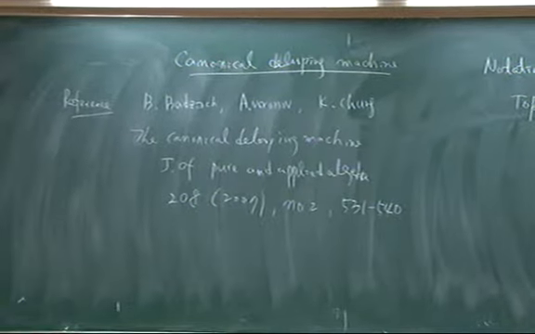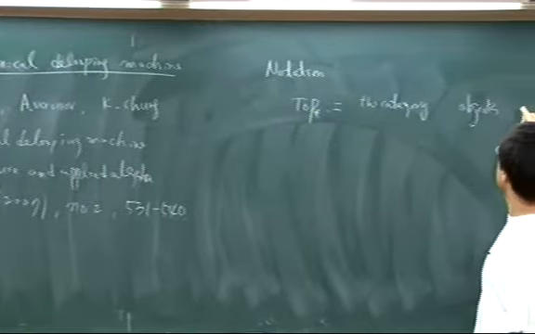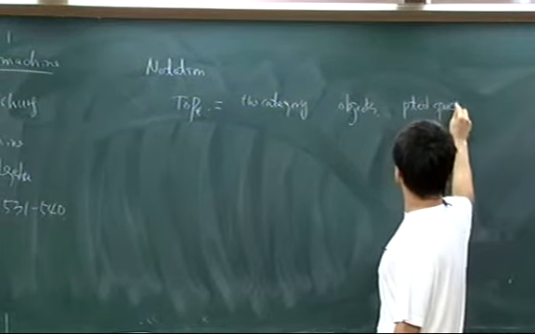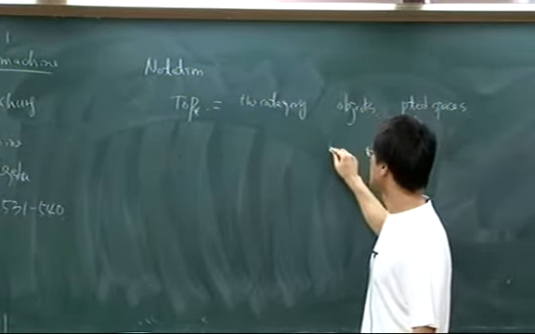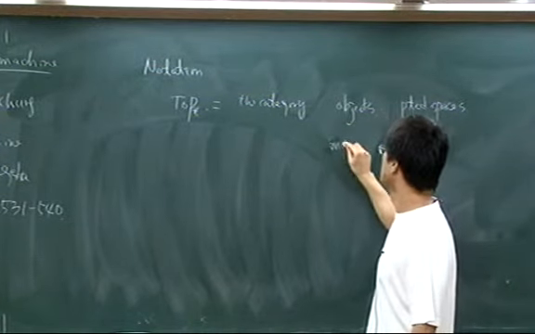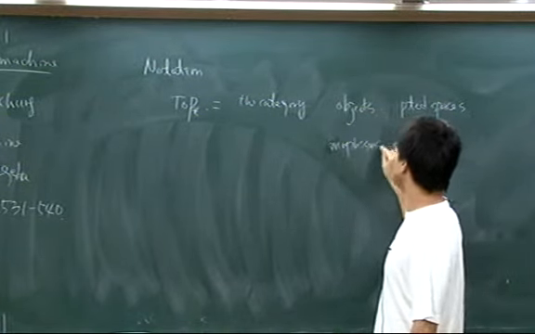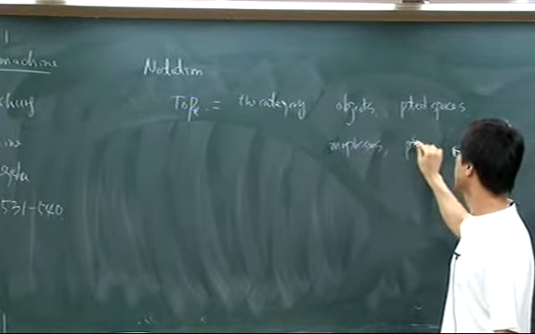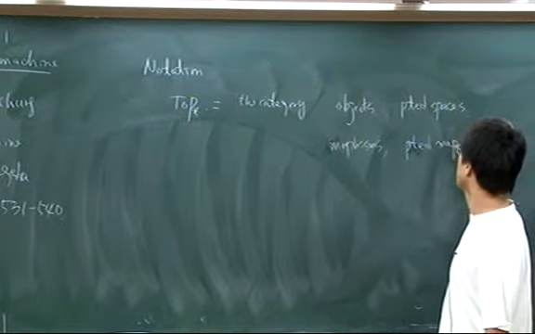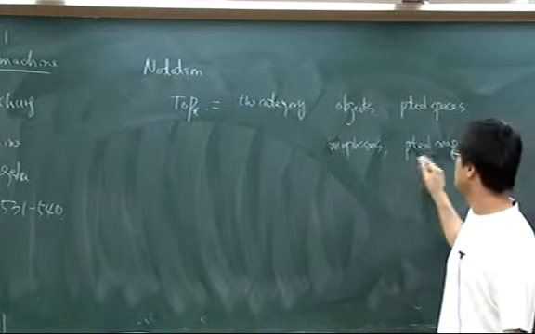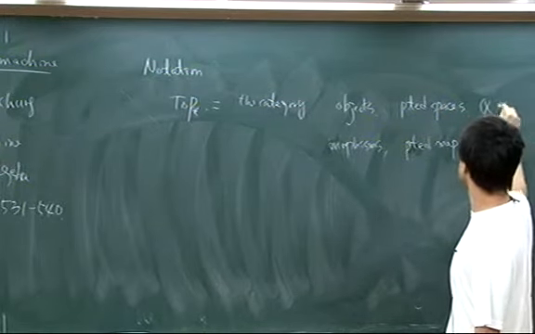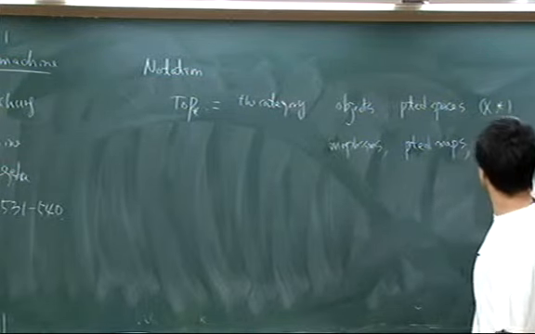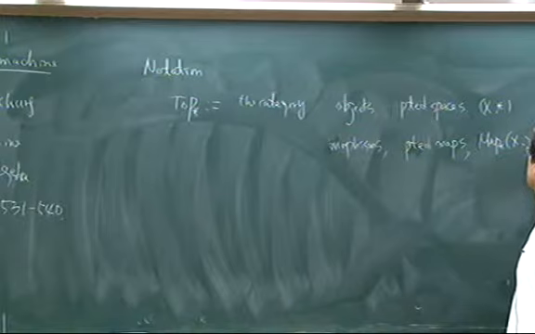Here objects are pointed topological spaces, and morphisms are pointed maps. So typically for this one, like X star, this is just the Hom, like X to Y based maps.